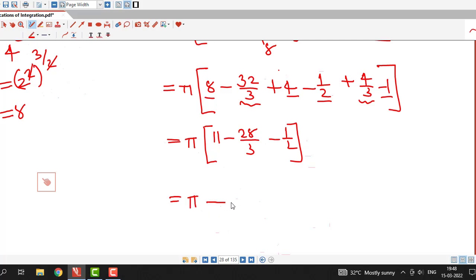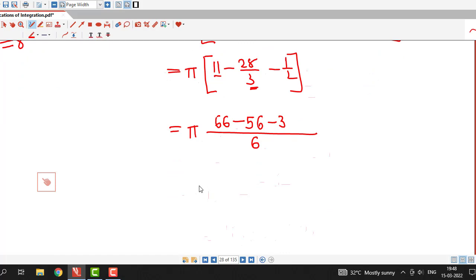So pi as it is, here we have 6. 11 is multiplied with 6, that is 66. Here 2 is missing, so we multiply 28 by 2 and we have 56, and here we have to multiply by 3. So we have 66 minus 56, that is 10, and 10 minus 3 is 7. So we have pi into 7 by 6, or we can rewrite this as 7 pi divided by 6.